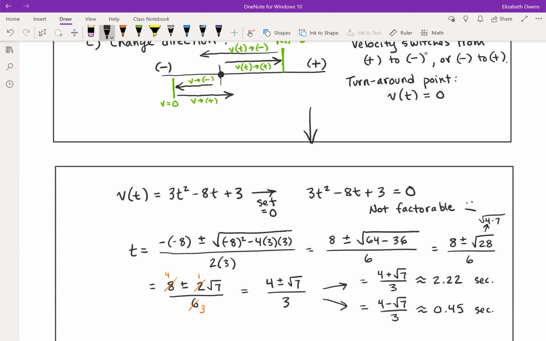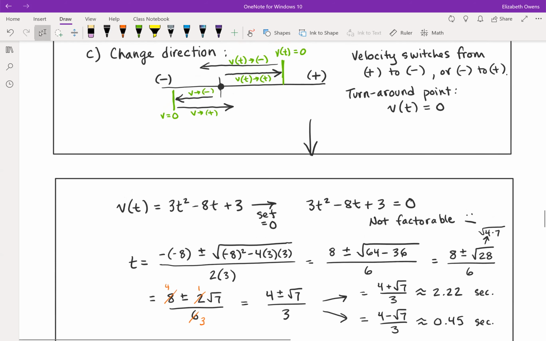Okay, phew, all right. So we've got our semi-unfortunate t values. But remember what we're going to use those for. We're going to see if those are true turnaround points, because this is really just a potential turnaround point.